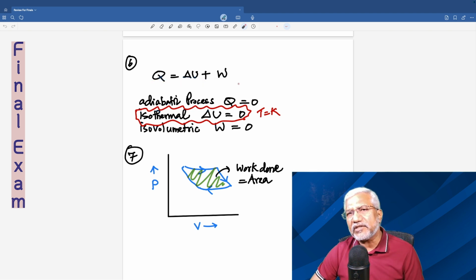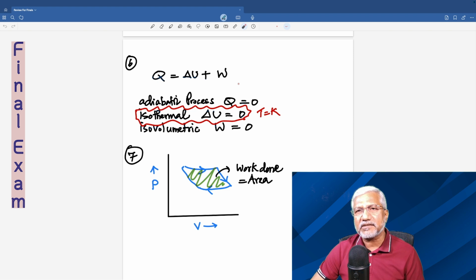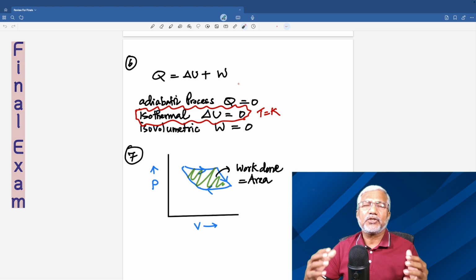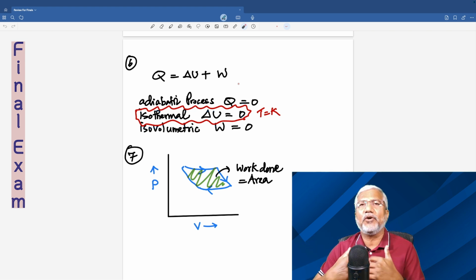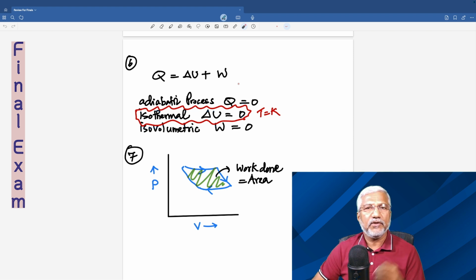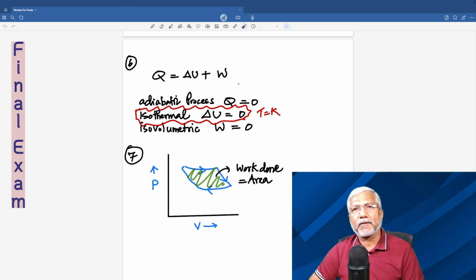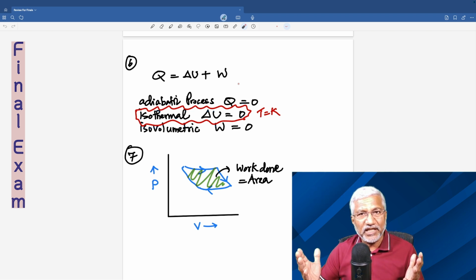Now, by definition of an adiabatic process, this is where the system is completely isolated from its surroundings, so no heat can come in and no heat can go out. So Q is 0 for an adiabatic process. Now, what about if it's an isothermal process? Then the temperature does not change.